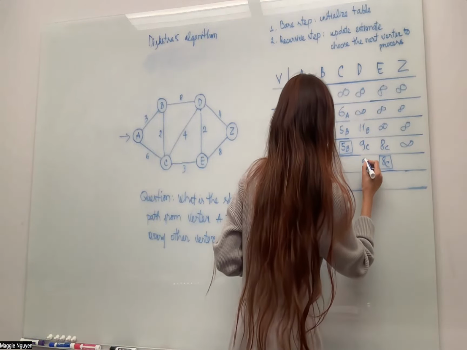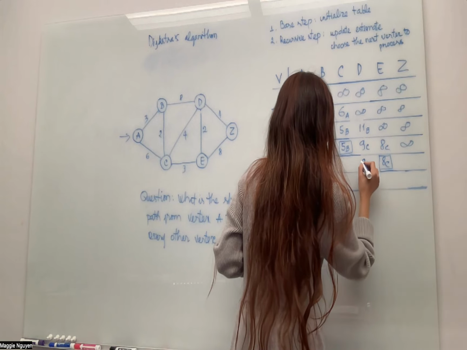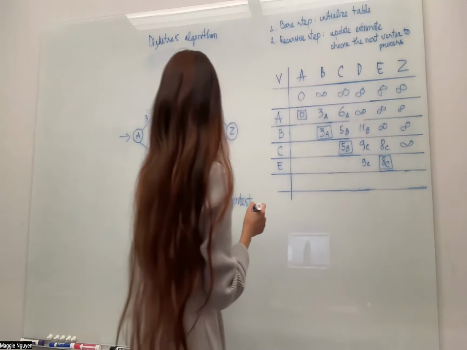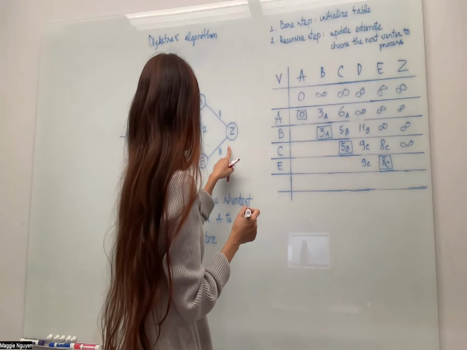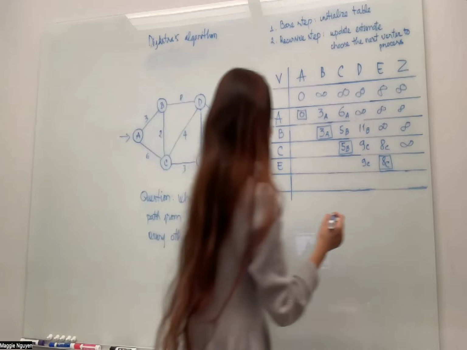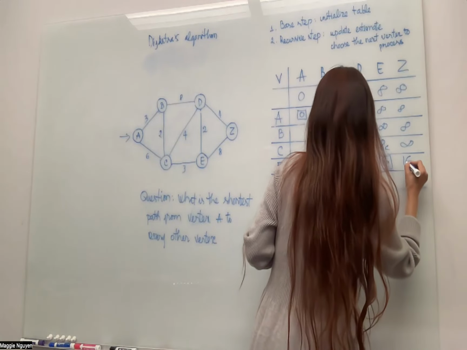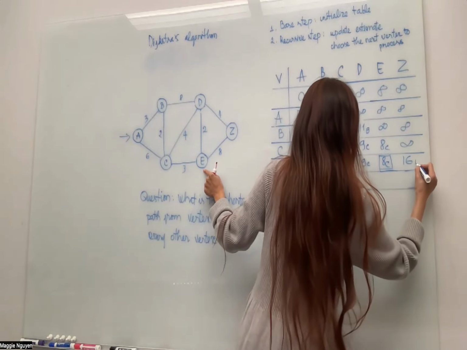So I just copy 9 down here, still from C. And E can go to Z. E to Z is 8 plus another 8, so 16. 16 from E.